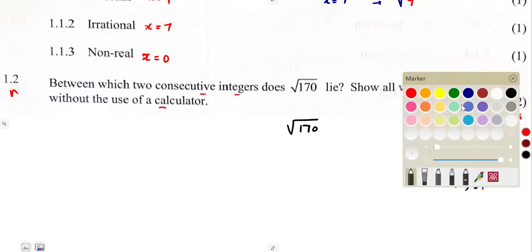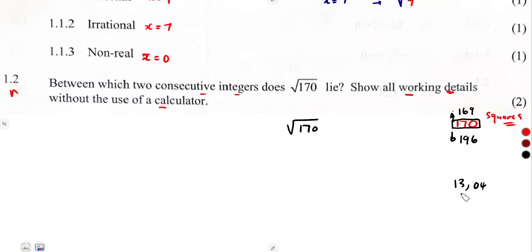So this is what you do. You write this aside, this is the number that I'm having. So what are the consecutive integers around this decimal? 13.04 is above 13.